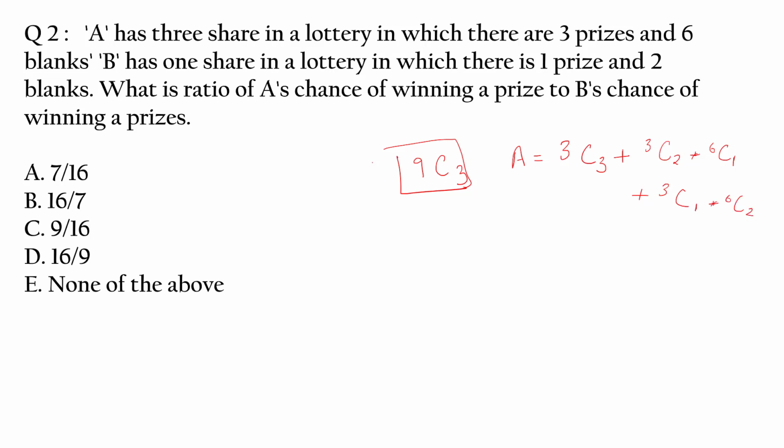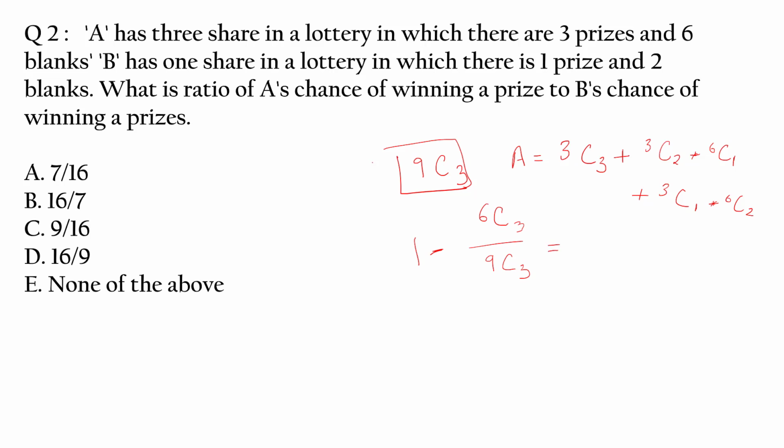A quicker way of doing this is to ask, what is the probability that A loses? The probability that A loses is that he gets all the blanks. And if you do 1 minus that, that is the probability of him winning at least 1.